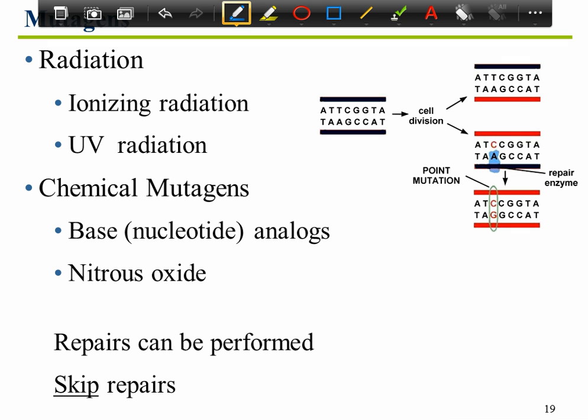Let me draw a section because I don't have an example here. So here is a DNA double strand, and let me put a base sequence here, and let me put the strand on the other side.